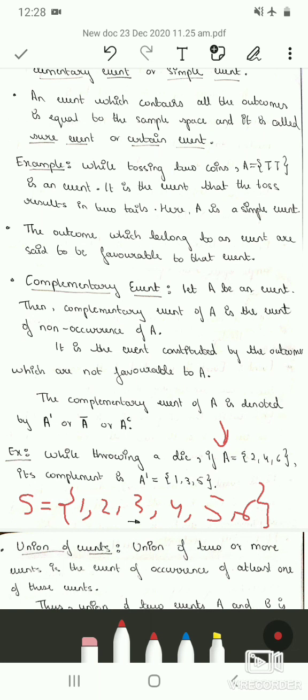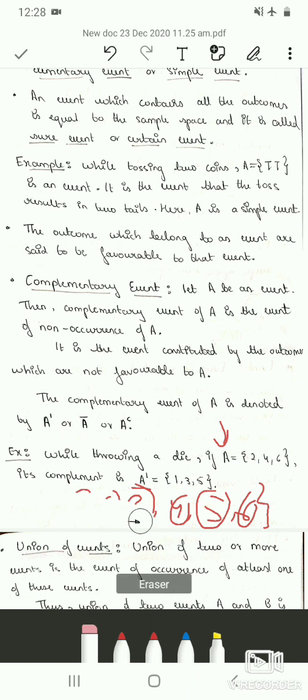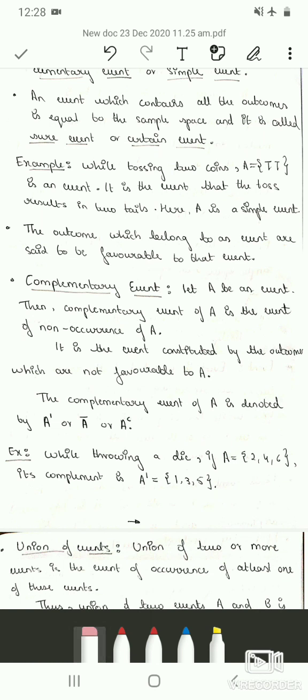But we have to take the complement of event A, which is A dash. So here A dash is the event that the throw does not result in an even number. Therefore A dash is the event that the throw results in an odd number. So {2, 4, 6} is event A, and the complement of this event is the occurrence of the remaining numbers, that is the odd numbers, which are 1, 3 and 5.